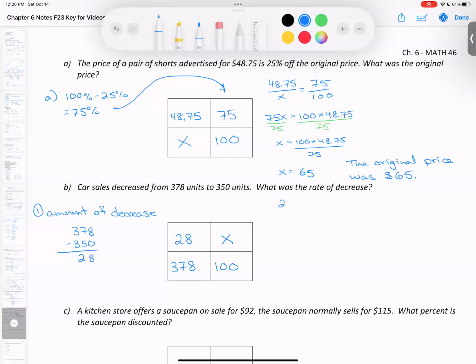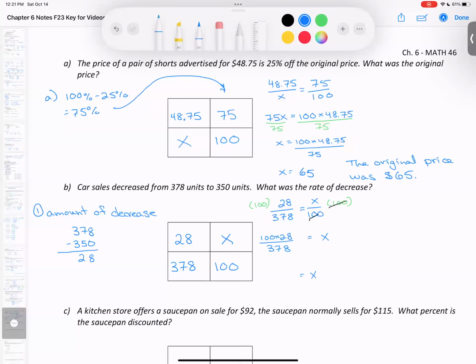We're figuring out our rate, and that's out of 100, so we're going to set up our fraction. Then we're going to multiply everything by 100 so that we can get rid of the 100 on the right-hand side and be left with just x. So we get 100 times 28 over 378.